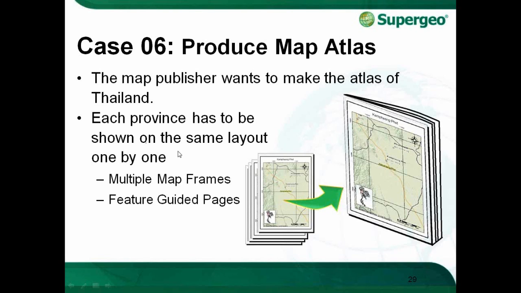You can use our function that is newly supported in version 3.2: multiple map frames and the feature guided page to make each layout view into a map atlas like this one. So how to do this?